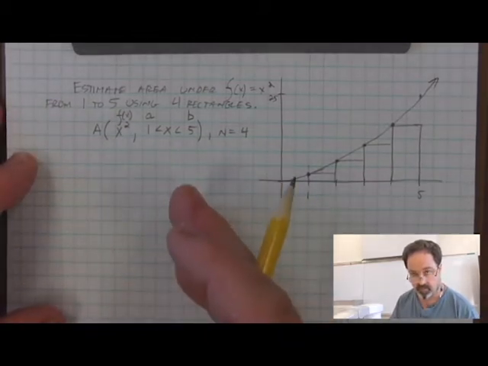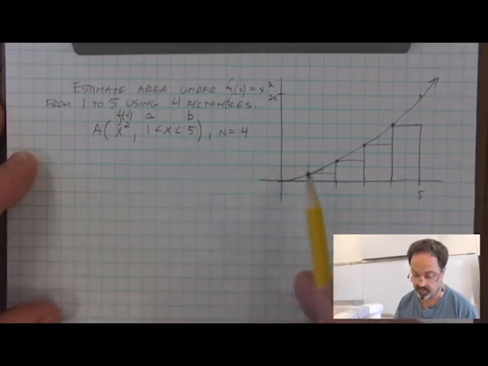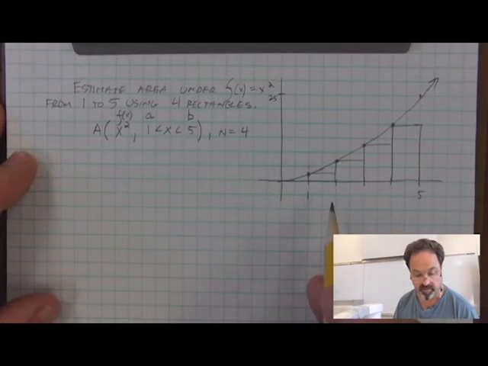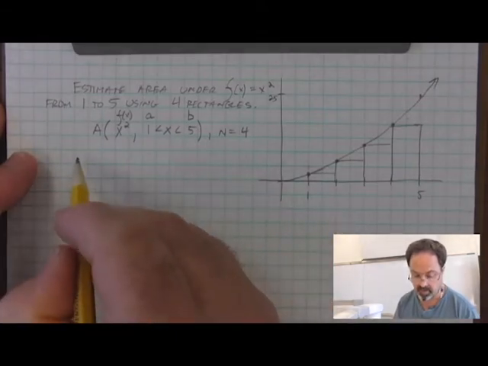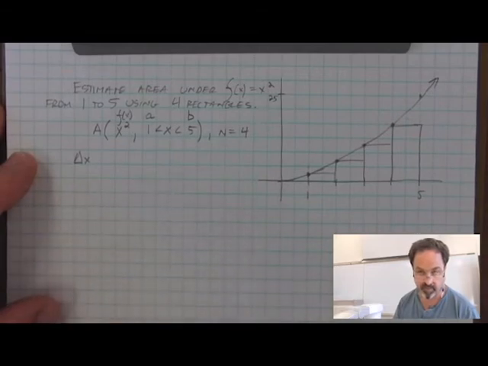Now this is the question, but how do we answer it? Because we have even intervals for the bases of the rectangles, then we can utilize the concept of delta x because it's uniform. It's the same change.